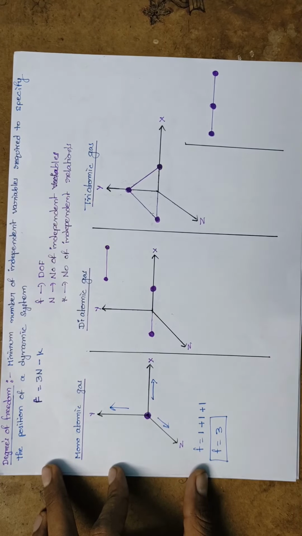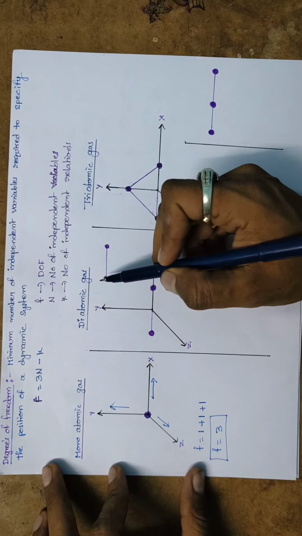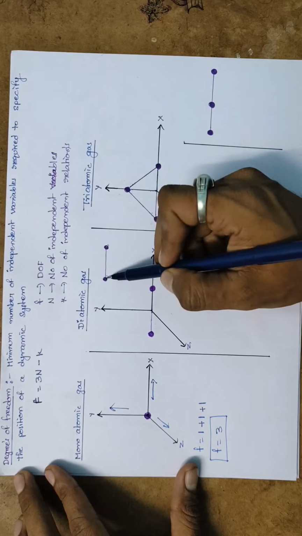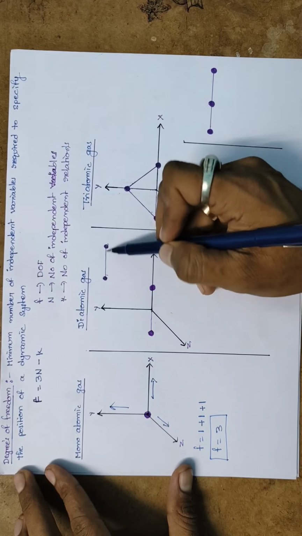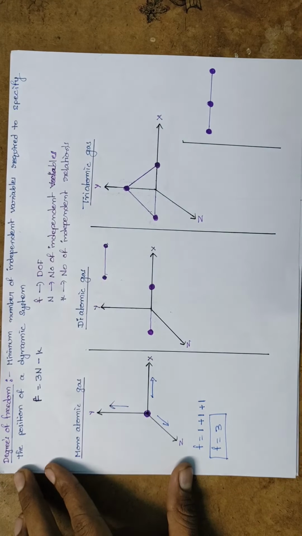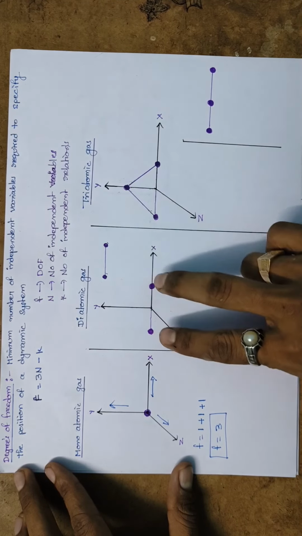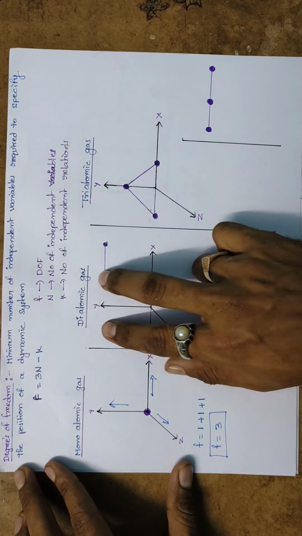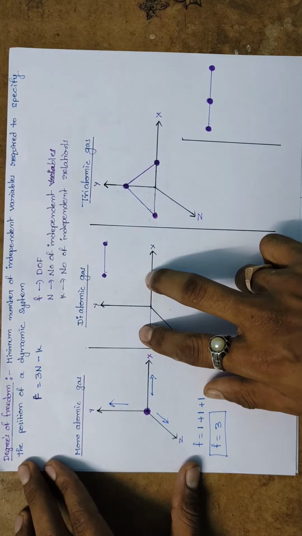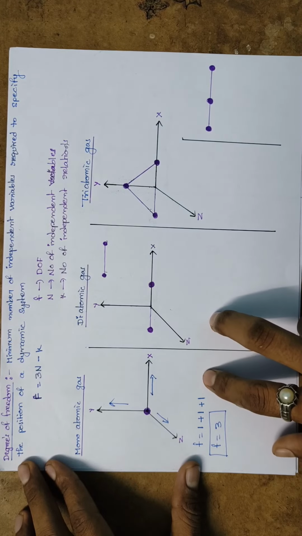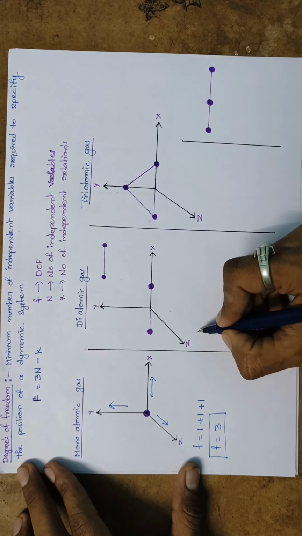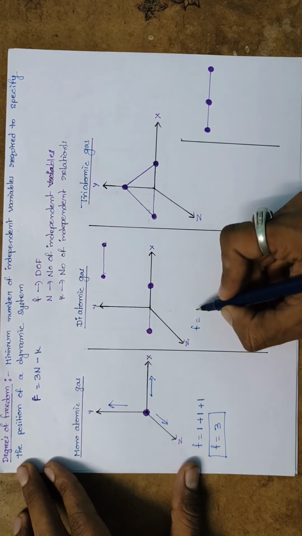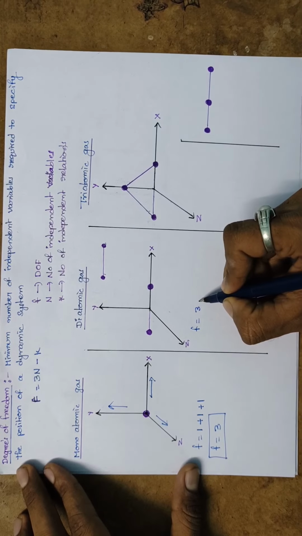Okay, now coming to the diatomic gas molecule. So di means two particle system. Look at here, these are the two particles which are connected like this, like a linear diatomic molecule. Suppose this diatomic molecule either moves along x-axis direction, or along y-axis direction, or along z-axis direction. So the total translational degree of freedom is equal to 1 plus 1 plus 1, so 3 translational degrees of freedom.